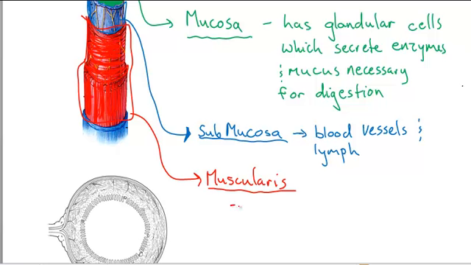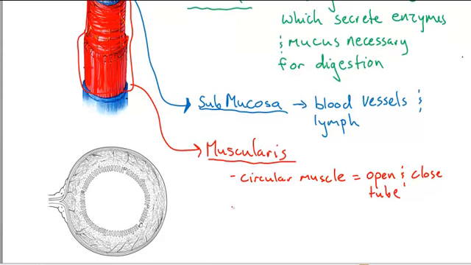And it has circular muscle, which essentially contracts and relaxes to open and close the tube. And longitudinal muscle, the fibers that run up and down, which basically lengthens and shortens the tube.